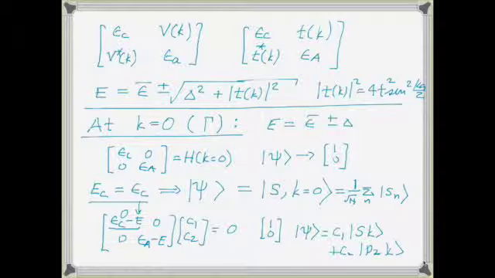At k equals 0. And that means, what's that mean? Delta is just your band gap divided by 2.